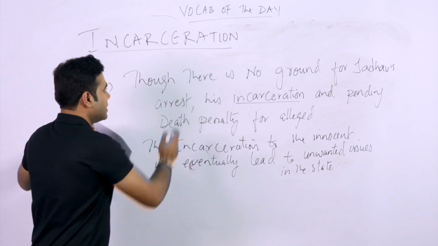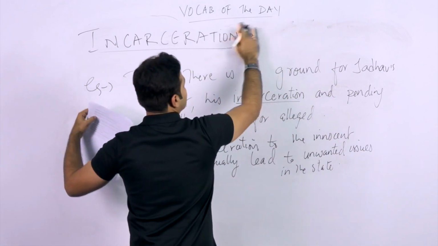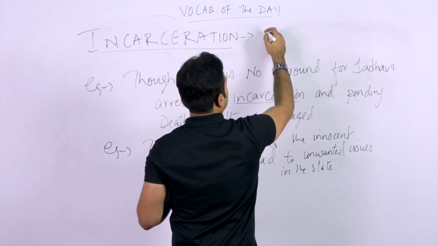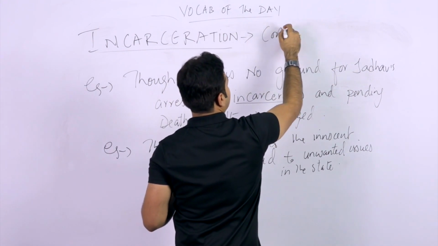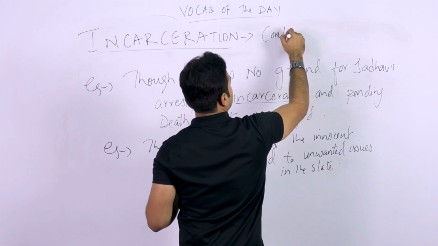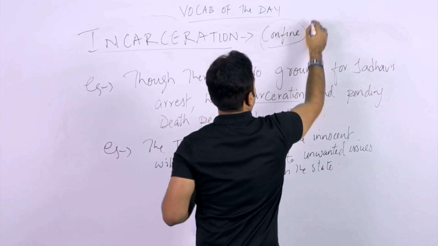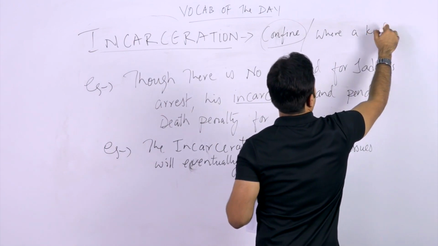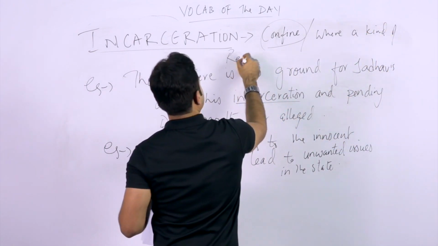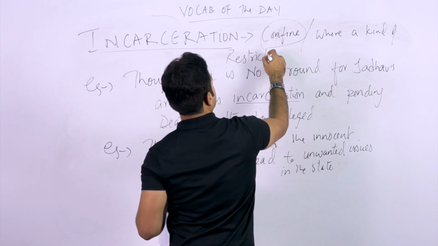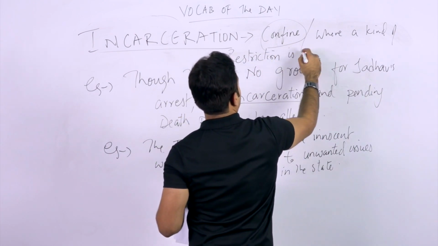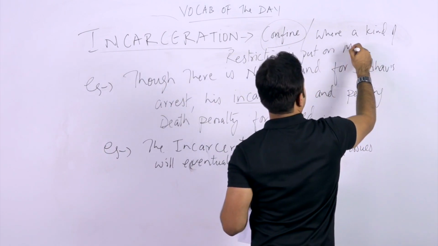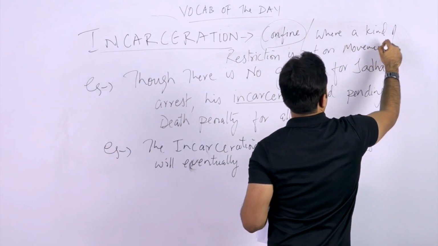Now, incarceration is a word which is exactly used to describe something where you confine someone, or where a kind of restriction is put on the movement of a person.